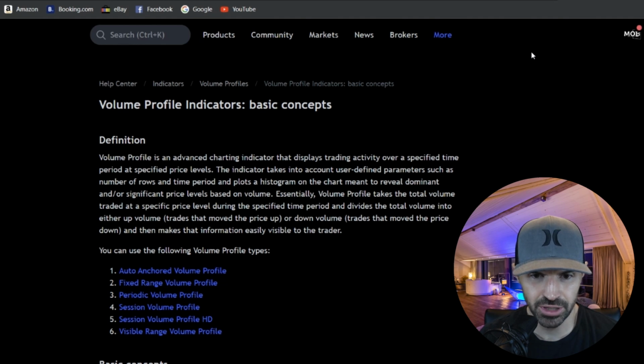Essentially, volume profile takes the total volume traded at a specific price level during the specific time period and divides the total volume into either up volume, trades that move the price up, or down volume, trades that move the price down, and then makes that information easily visible to the trader.